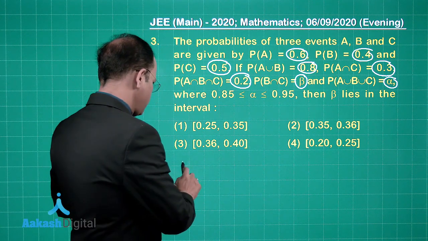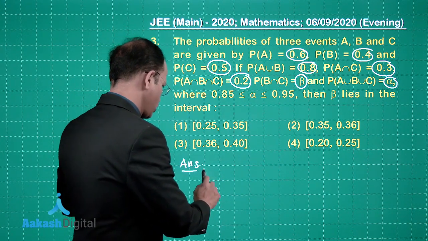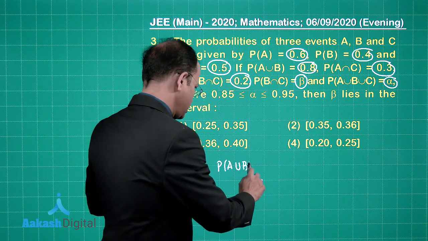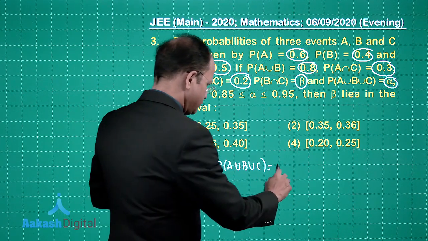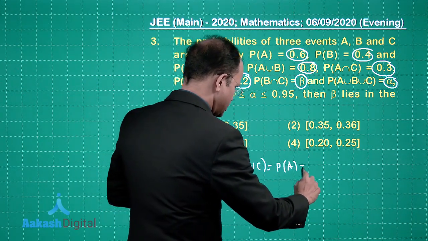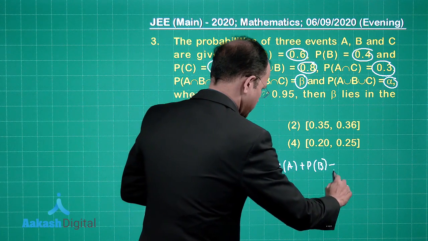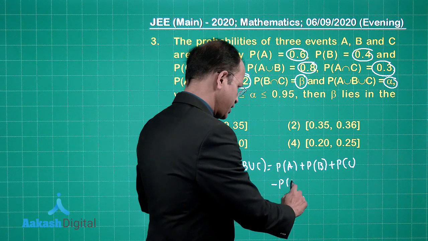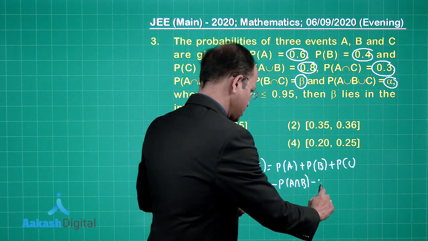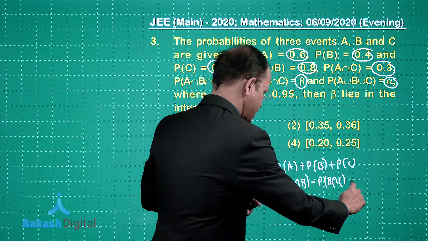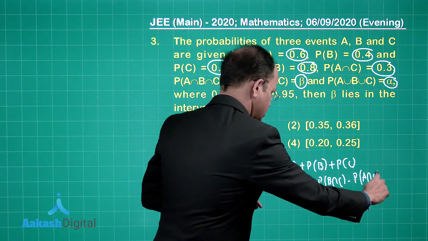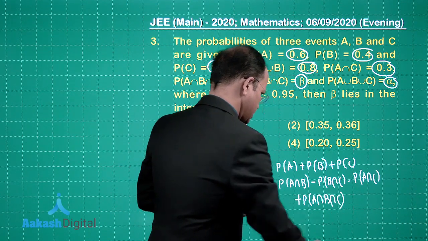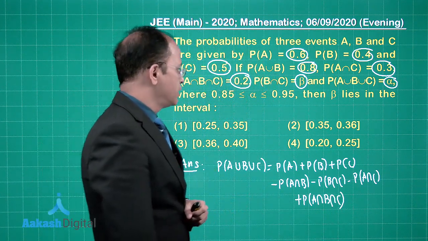So that means we can just use this formula here of probability. That is nothing but we have probability of A union B union C, and we can just write probability of A plus probability of B plus probability of C, minus probability of A intersection B, minus probability of B intersection C, minus probability of A intersection C, plus probability of A intersection B intersection C, right?